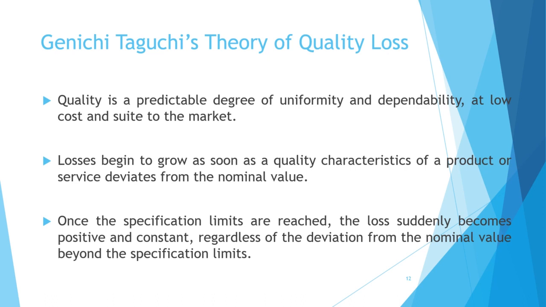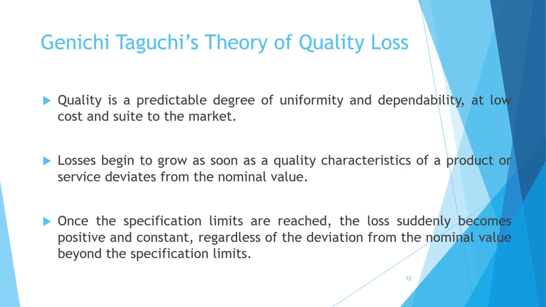The quality loss function is defined by Taguchi as the loss imparted to society by the product from the time the product is designed to the time it is shipped to the customer. In fact, he defined quality as conformity around a target value with a lower standard deviation in the output.